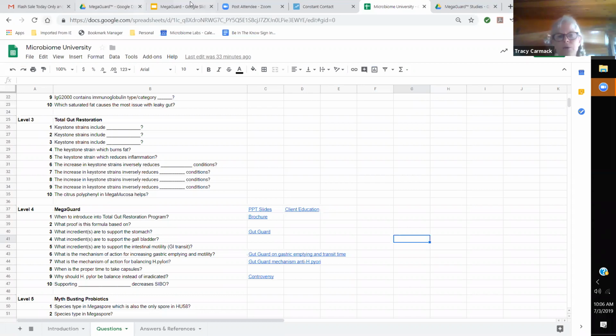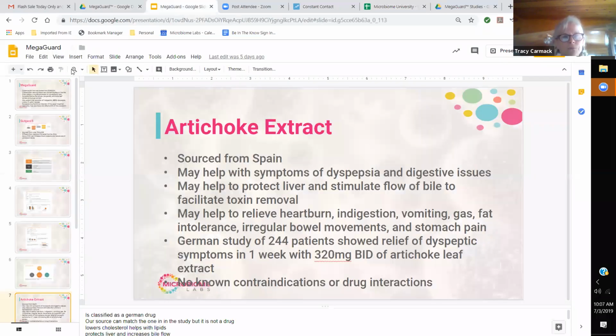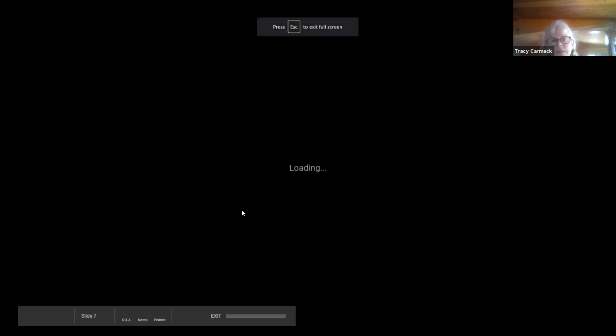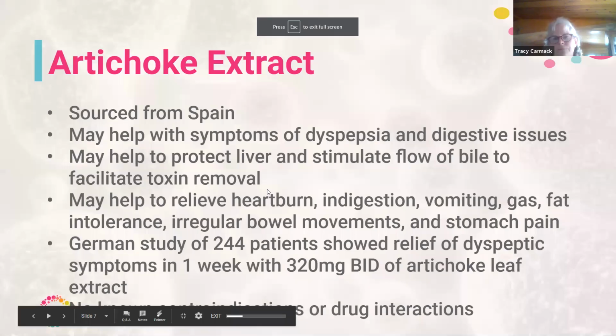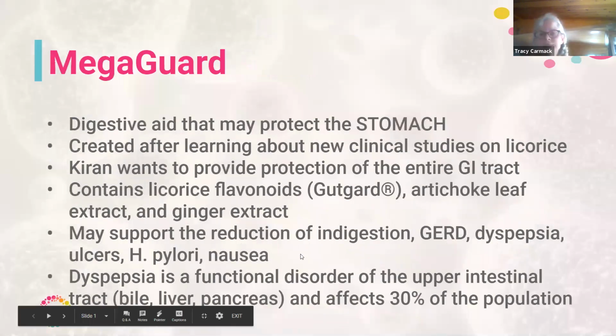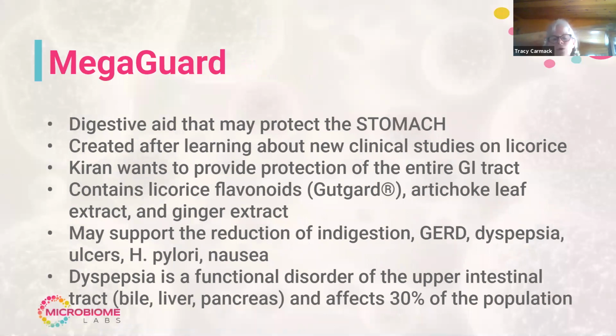So I'm going to start off with the PowerPoint. Okay, let's start at the beginning. MegaGuard is designed to protect the stomach. The whole point is that Microbiome Labs wants to do everything that is affecting the microbiome from the beginning of the GI tract to the end.